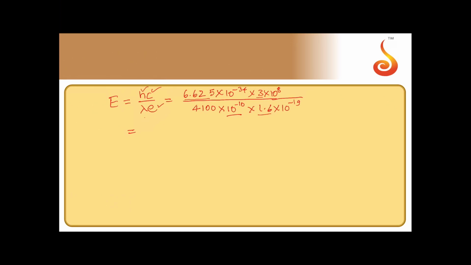If you take these things outside, what we'll get is 12420 divided by 4100. Calculate this, and it will give you roughly 3 electron volt.